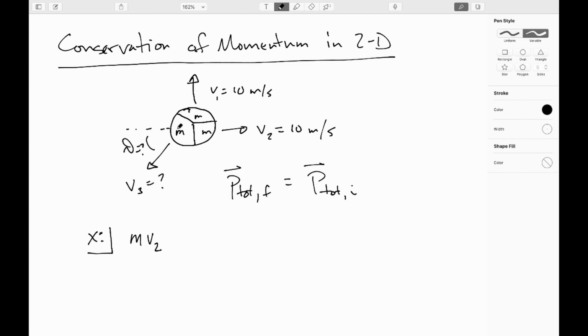Then anything that's acting left-ish, well, v3 is moving to the left-ish. So I'll put in a minus sign to handle the fact that we're going to the left. And then its momentum would be mv3, but I need to take the component of this, and so this is going to be cosine theta. All right, and what was the x component of momentum initially? Well, the plate was at rest, so 0.